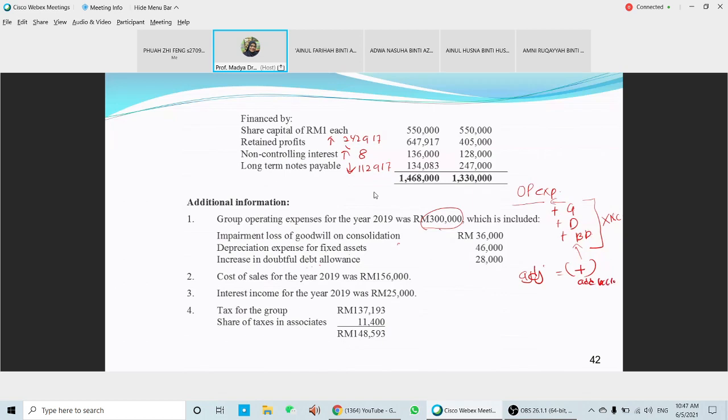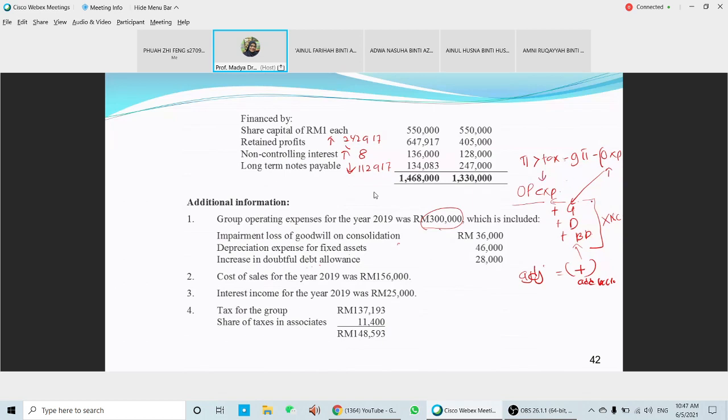Okay. So remember that to find a profit before tax, it is your gross profit minus your operating expense. In your operating expense it already includes this item. So you're going to increase your operating expense, so your profit here will be lower.